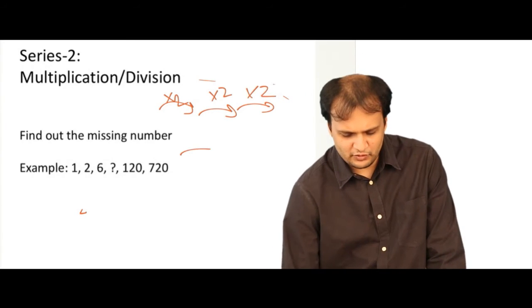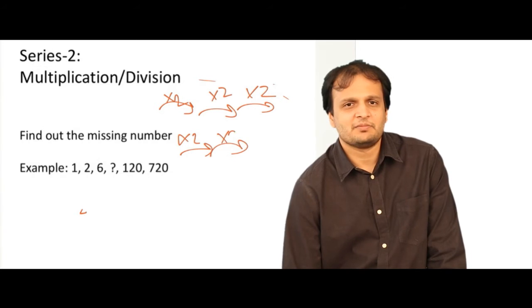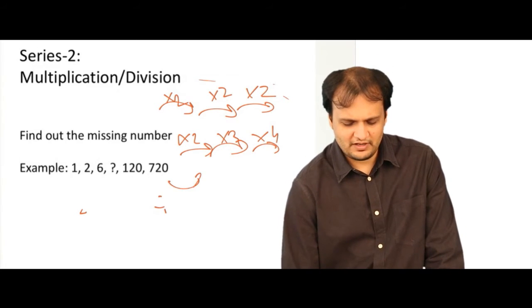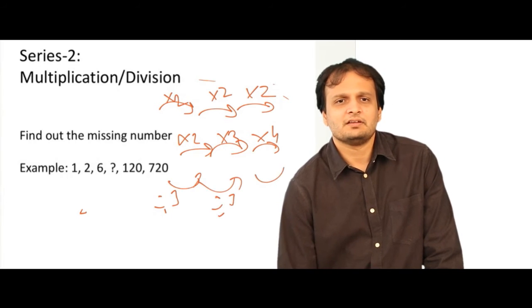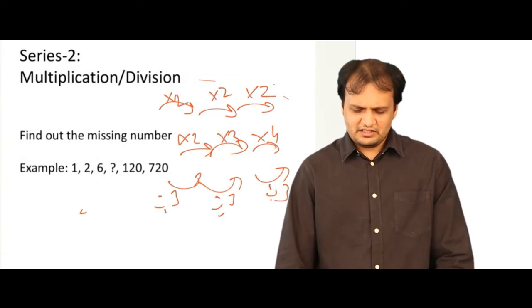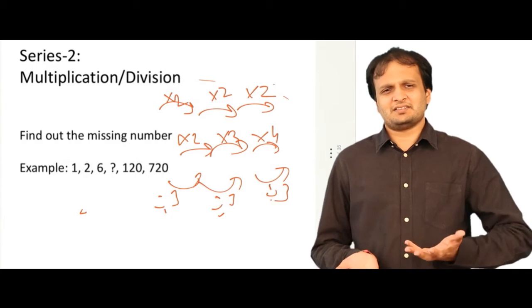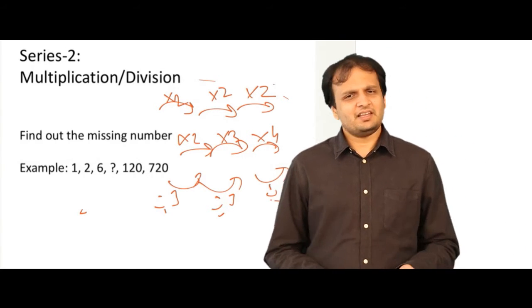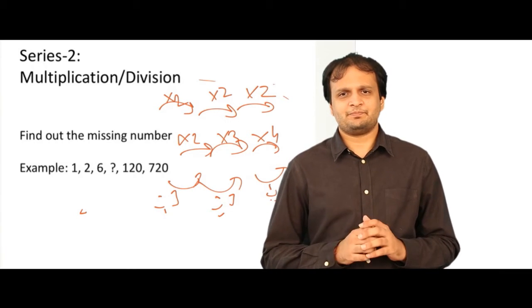Then there was a question where you did multiply by 2, then multiply by 3, then multiply by 4, and then there was a division question: divide by 3, divide by 3, divide by 3. So it's fairly easy and very easily doable.